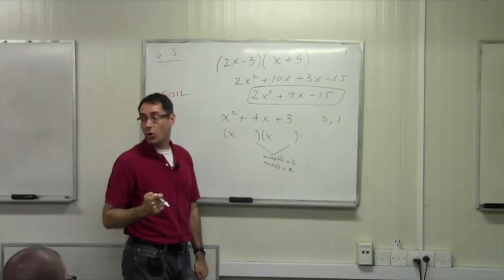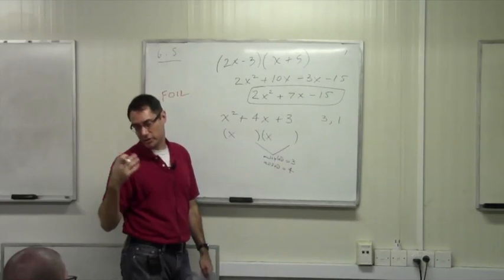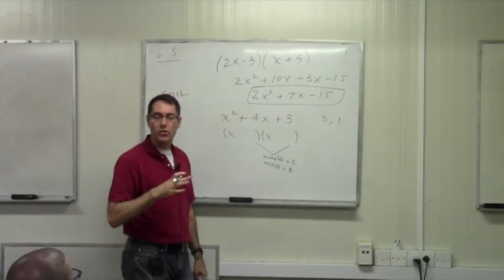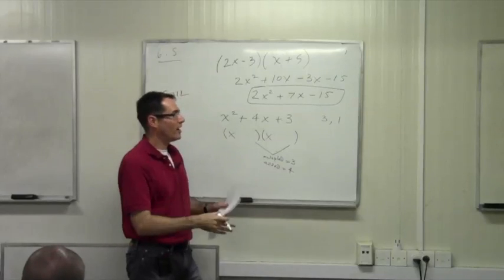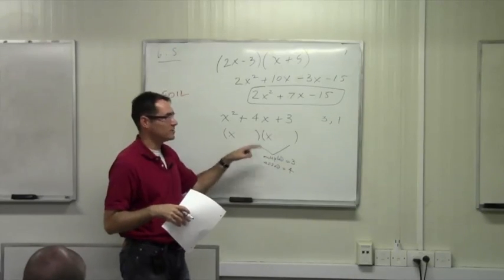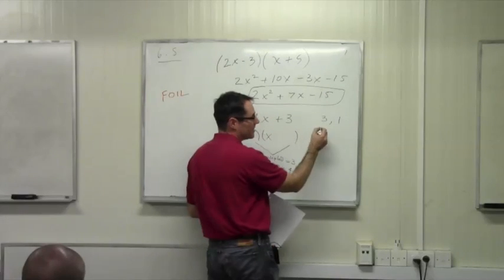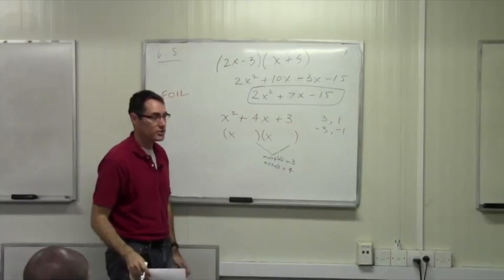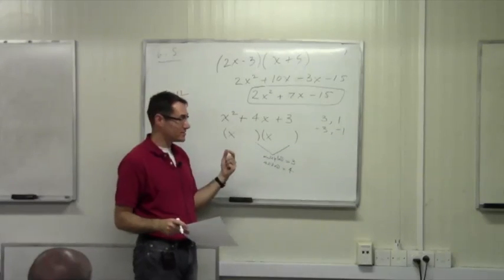Yeah, 1.5. We're only going to deal with whole numbers, or integers, I should say. We're not going to deal with any fractions in these ones. You could think of fractions, but it would be really difficult, so unless it was a bonus, I wouldn't give you ones that weren't integers. 3 and 1, but somebody else said negative 3 and negative 1 times each other also give you 3, because negative times negative is a positive.